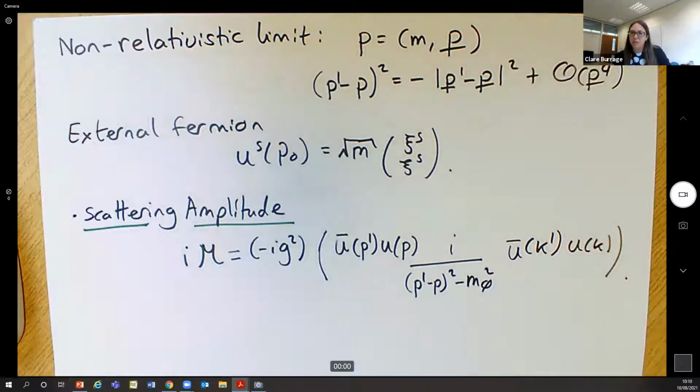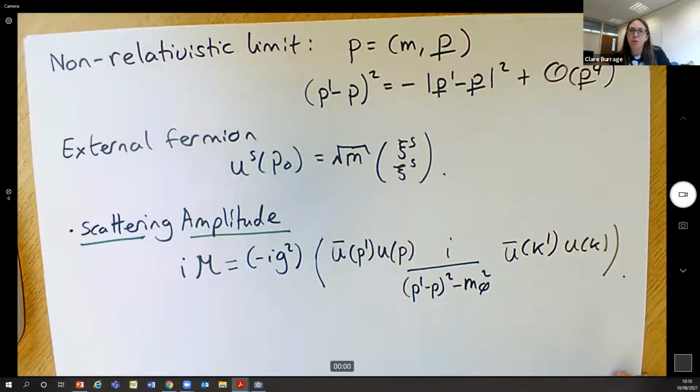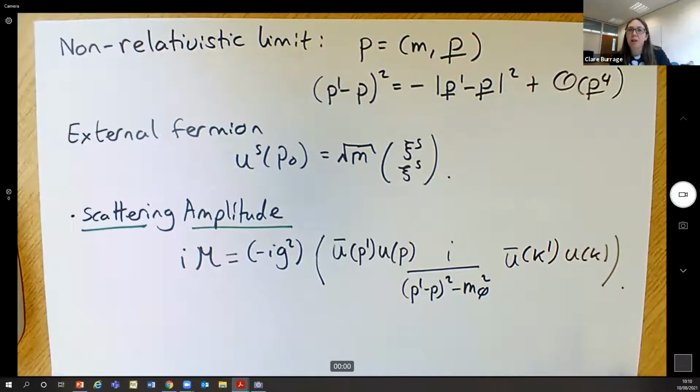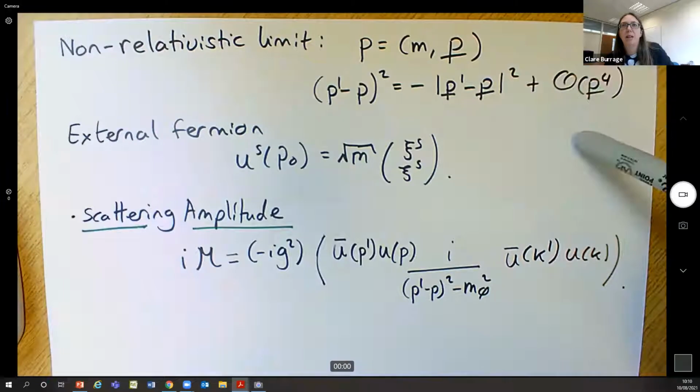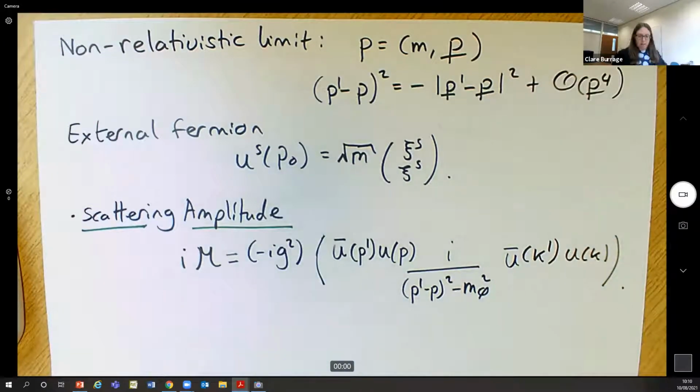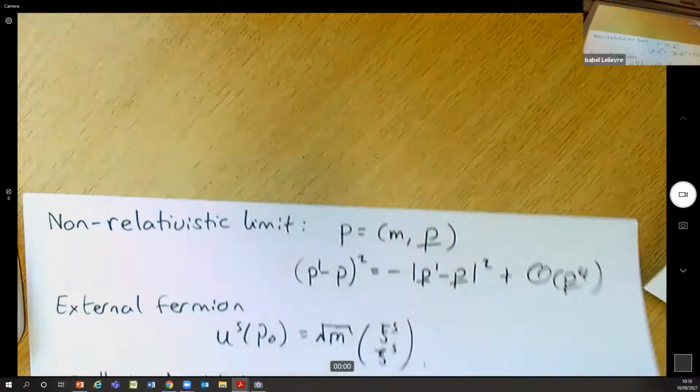None of those are relativistic experiments. This is all very slow moving, heavy objects, heavy extended objects. So we're also going to take the non-relativistic limit of this calculation.